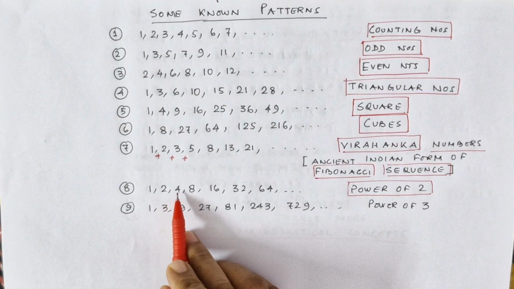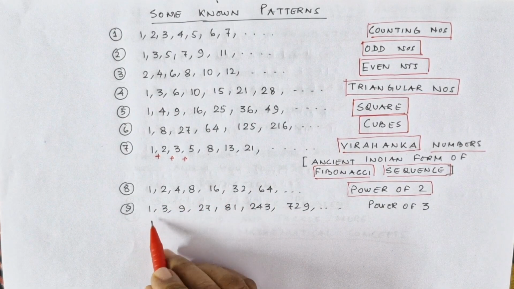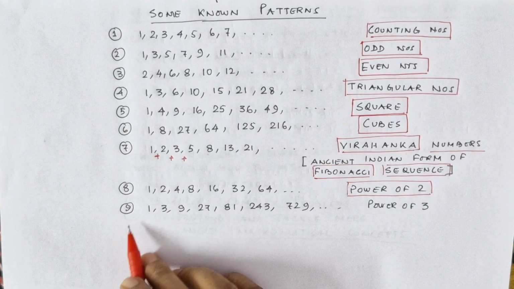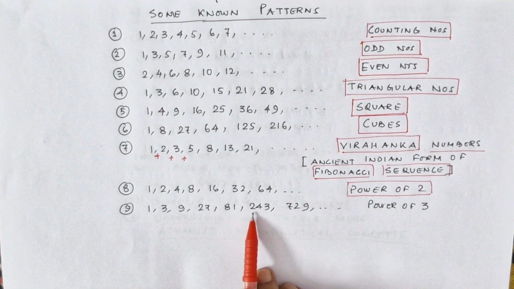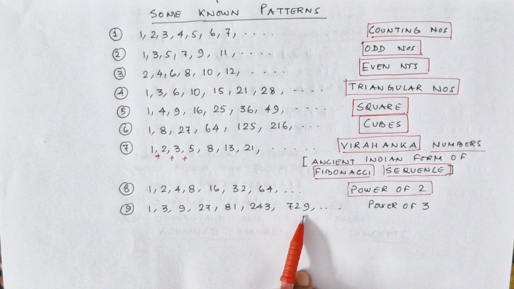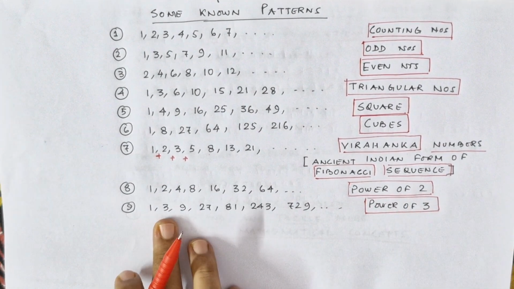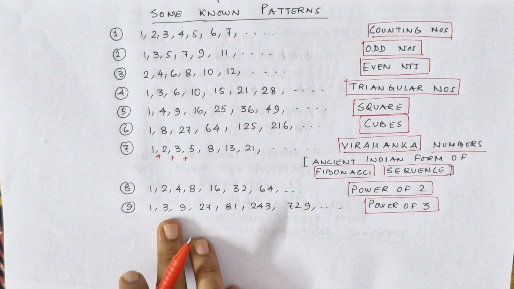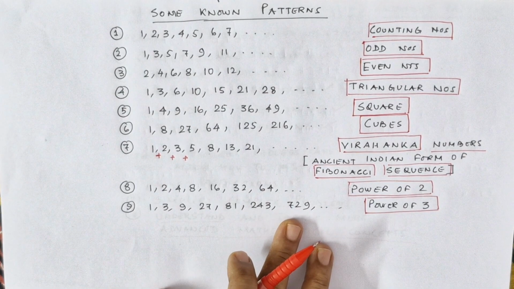So 2 to the power 1, 2 square, 2 cube, 2 to the power 4, so on and so forth. And this is the last one, 9th: 1, 3, 9, 27, 81, 243, 729, which is the power of 3. So 3 to the power 1, this is 3 square, this is 3 cube, so on and so forth.